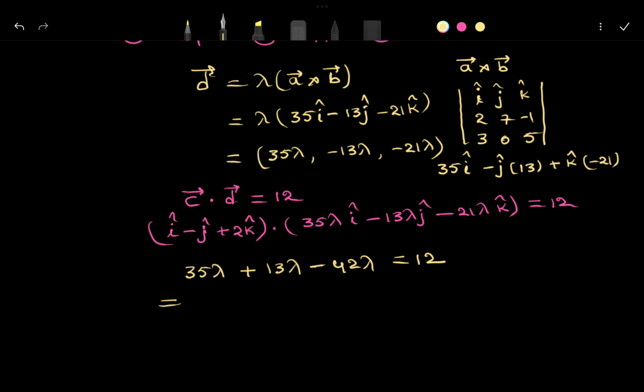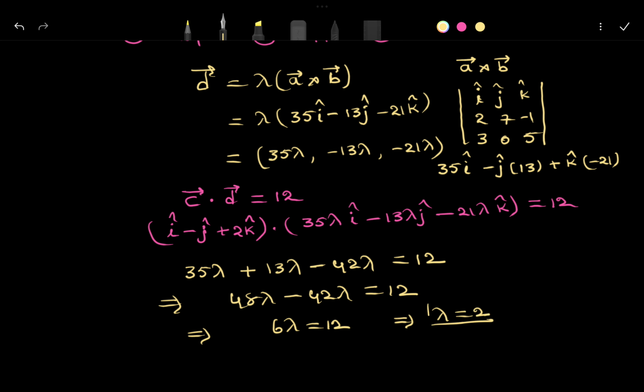So overall 48 lambda minus 42 lambda is equal to 12. So 6 lambda is equal to 12, which means lambda is 12 by 6, that is equal to 2.